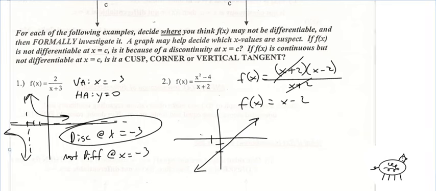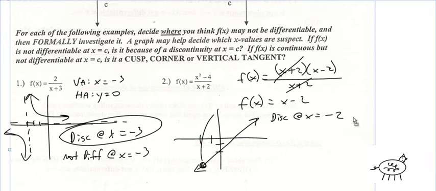Except at x equals -2, there's a hole. So I kind of just drew the hole in there, right? All right, so what we're doing is we're investigating. That's my critical point here. That's what I'm checking. And so I'm telling you guys it is discontinuous at x equals -2.